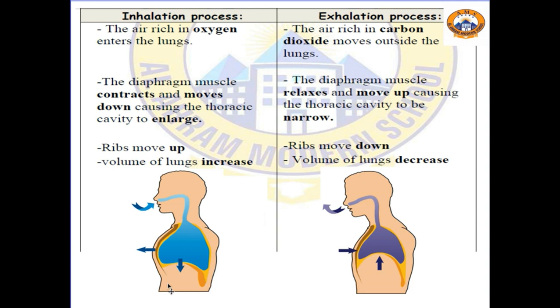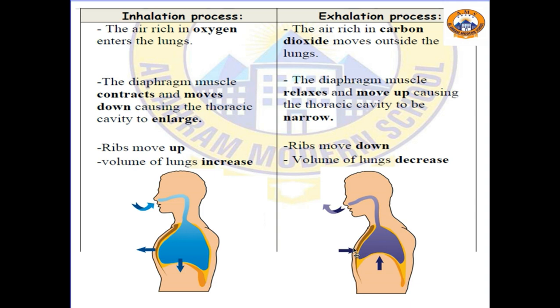While during the exhalation process, the opposite occurs. Now the diaphragm is going to relax or move up. The movement of the ribs is opposite to the movement of the diaphragm. Since the diaphragm moves up, the ribs are going to move down.